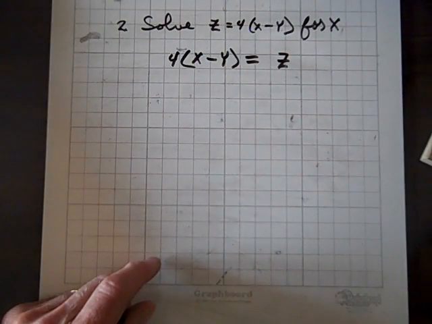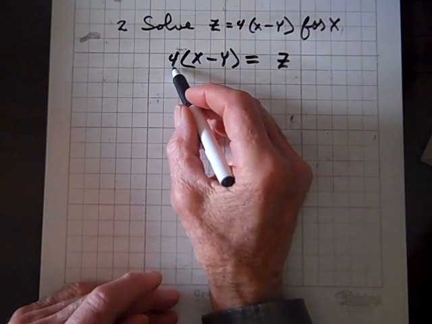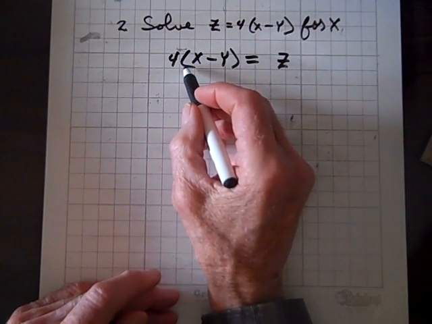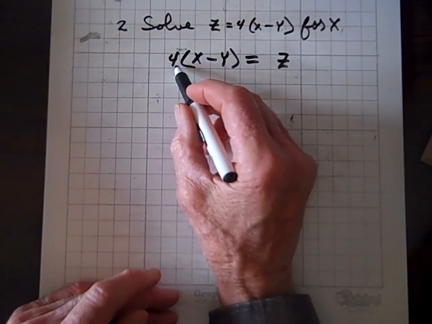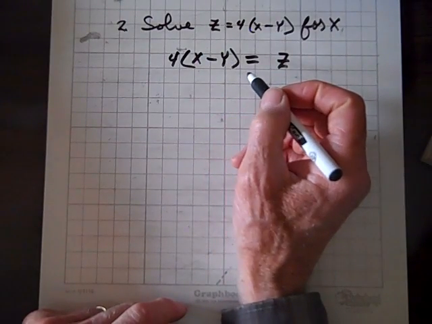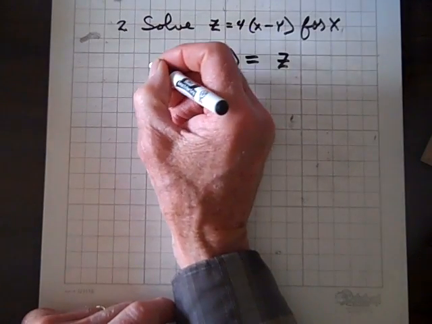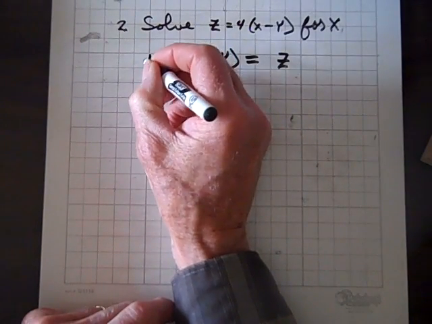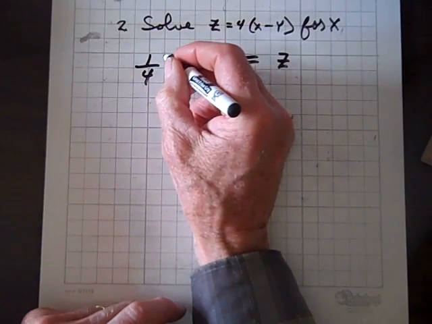Now, we have to undo this multiplication to start off with. We've got to get rid of that 4. We want a 1 in the 4 position, so we'll just have x minus y. And so we'll do what we just did a moment ago. We'll multiply both sides by the reciprocal of 4, which is 1/4.